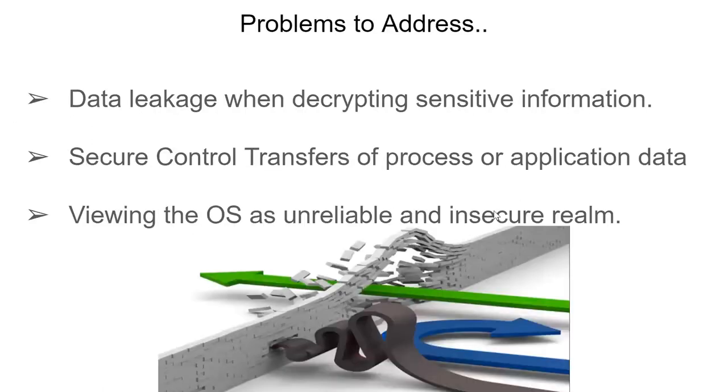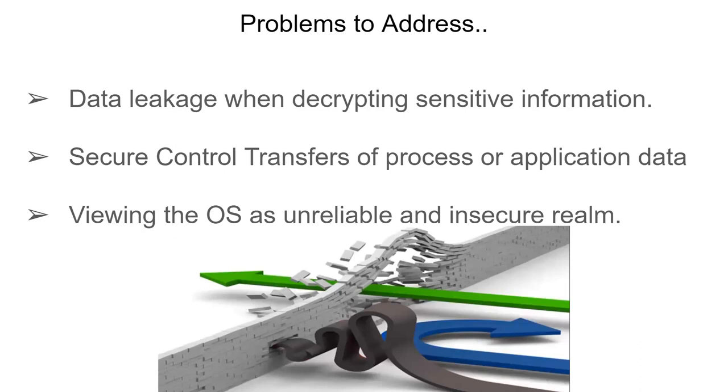So there are some problems to address with this architecture. One being the data leakage. How does this system protect data leakage when decrypting sensitive information? How can control transfers be permitted securely when transferring between the operating system and the application?